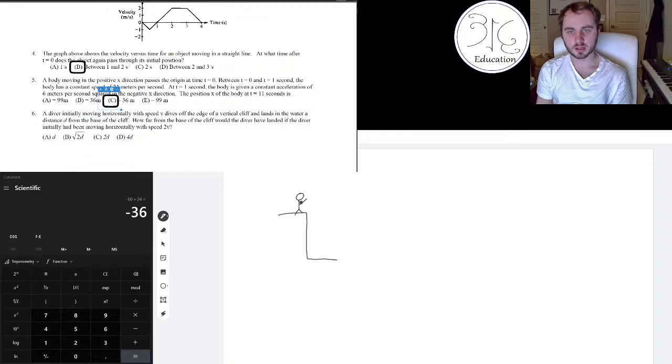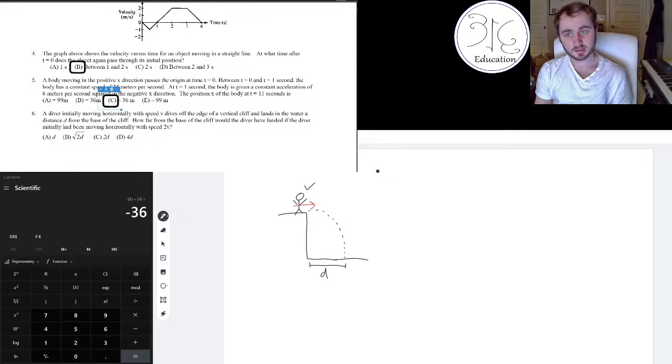Let's draw our little guy in here. Yay, there he is. He's got some initial velocity v, and he's going to jump and follow a little trajectory and land some distance d from where he started, right?